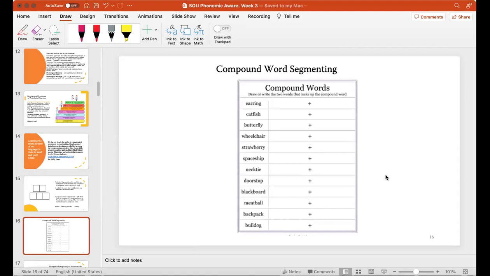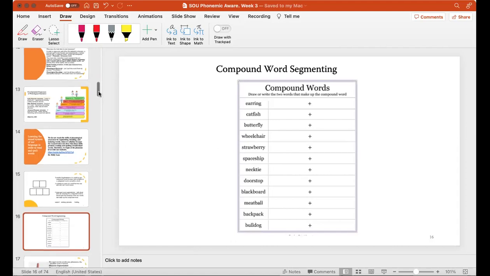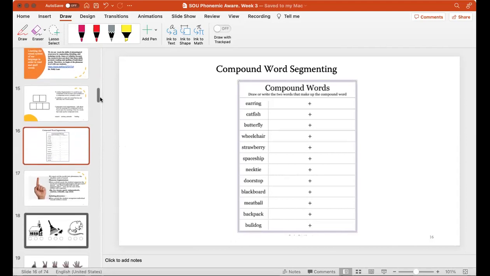So necktie is a tie that you put around your neck, and a wheelchair is a chair that moves because it's got wheels, and a butterfly is a fly whose poop looks like butter. So it's a fun thing to do with your kids, to look at them online about what do the different parts of the word mean.